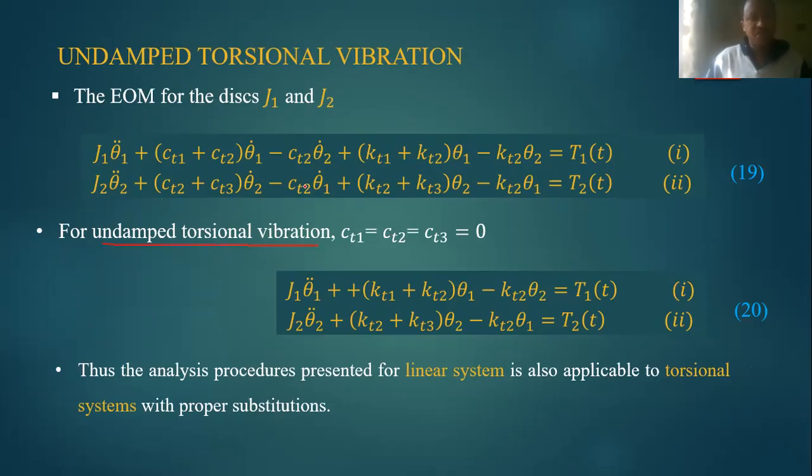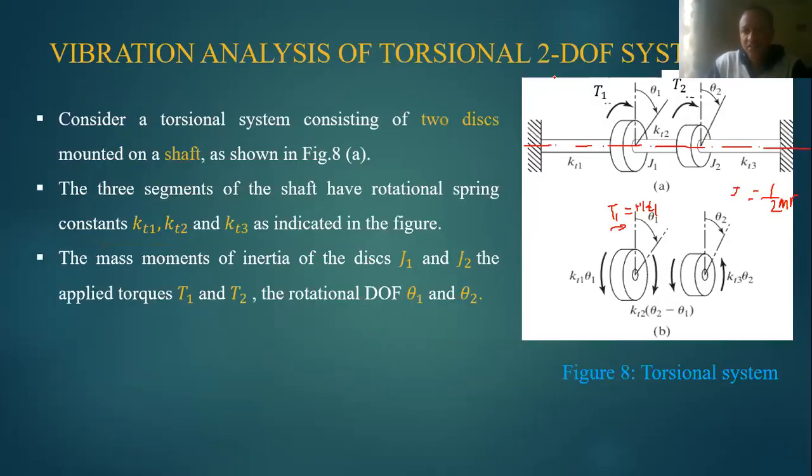Undamped torsional vibration means all the CT parts, the torsional damping part, will be 0. And if we consider free vibration, then the torques will be 0. But let's see simply undamped, because here there is no damping representation.